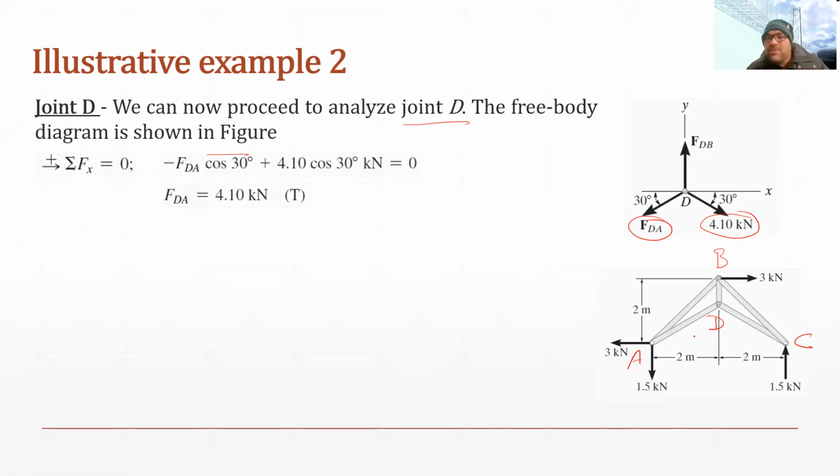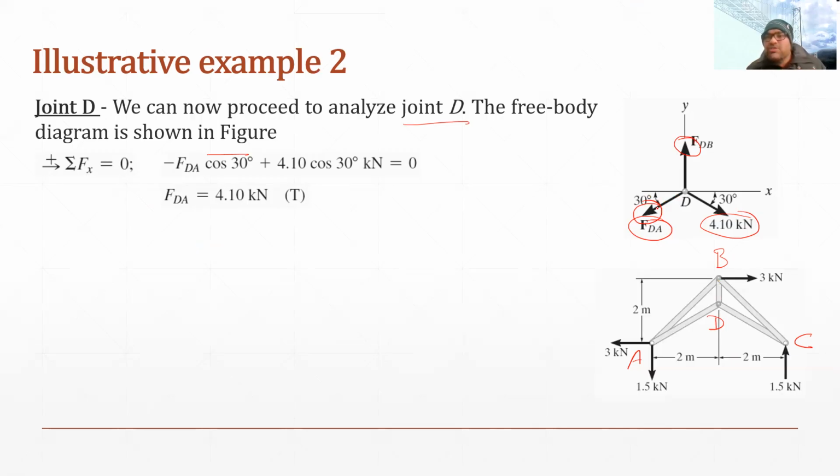Again, in member AD and member BD, we have assumed that these two members will be in tension. That is why you can see this arrow is pointing away from the joint, and this arrow is pointing away from the joint. Now, if you want to take this towards the joint, there is no problem. But in that case, if your value is negative, then you have to change the sense.